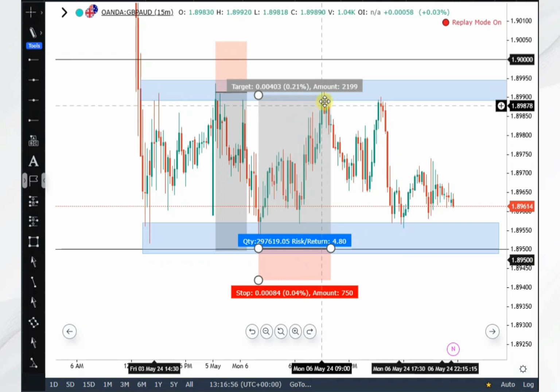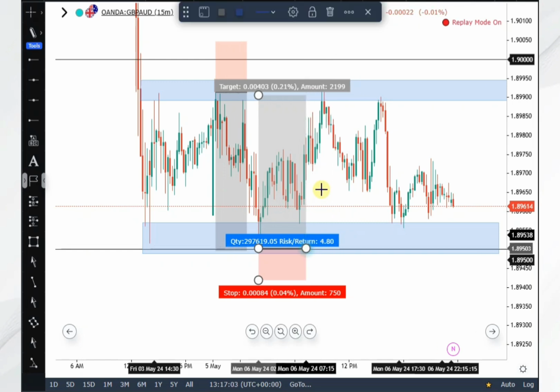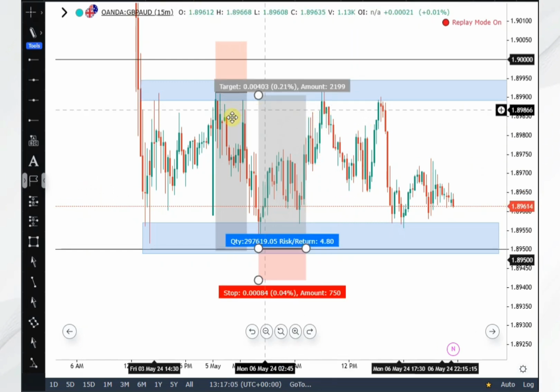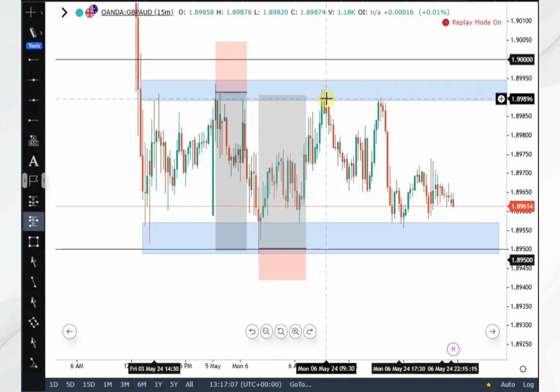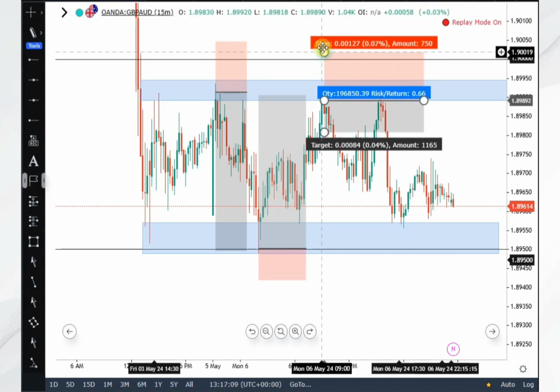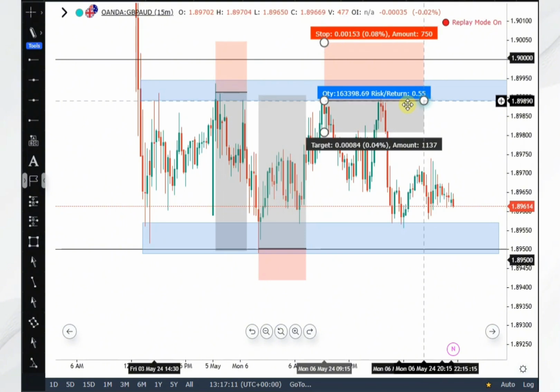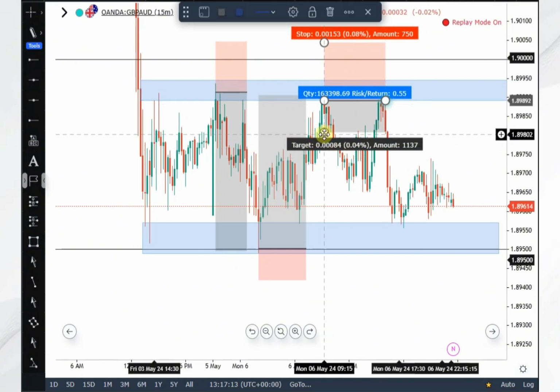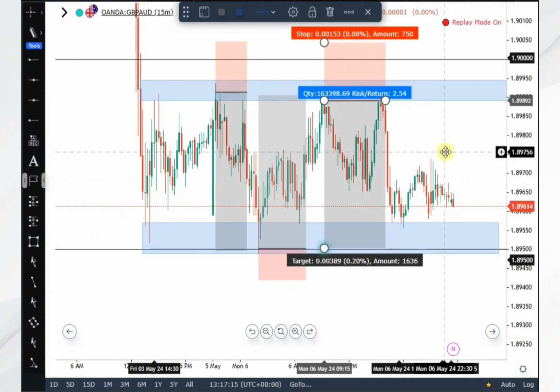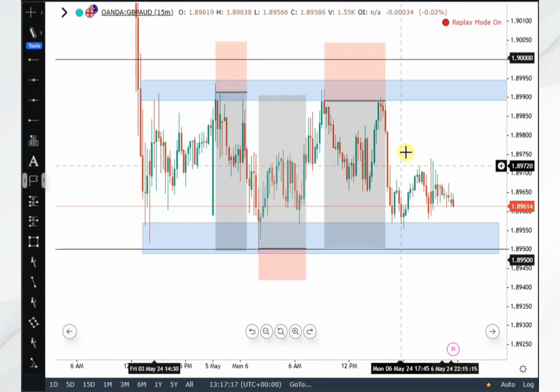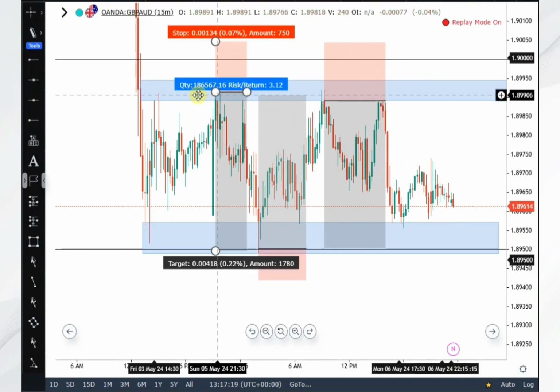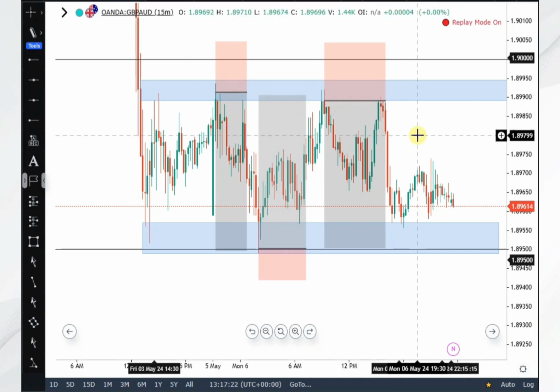Whenever they see another entry, when the price is failing to break above this level, they will sell from this place again, placing their sell orders at the same spot, putting their stop loss here, selling to the next support level. This is just how you trade entries around support and resistance.